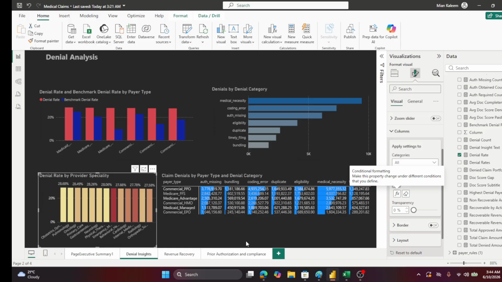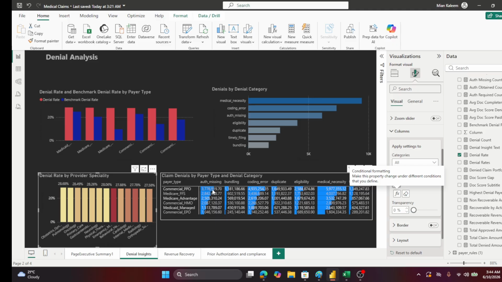Okay, viewers, now let's see this one. Claims denied by payer type and denial category. So here we have the claim amounts denied by the commercial PPO.